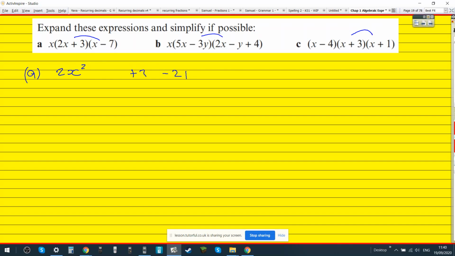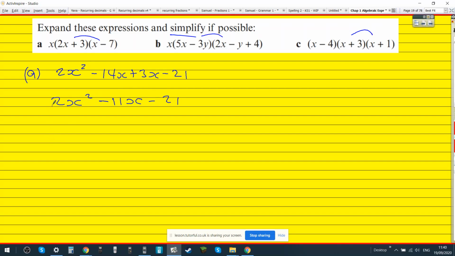And then minus 14x. And now what would you do? Simplify if possible. It would be minus 11x. Minus 21 and then 2x to the cube.